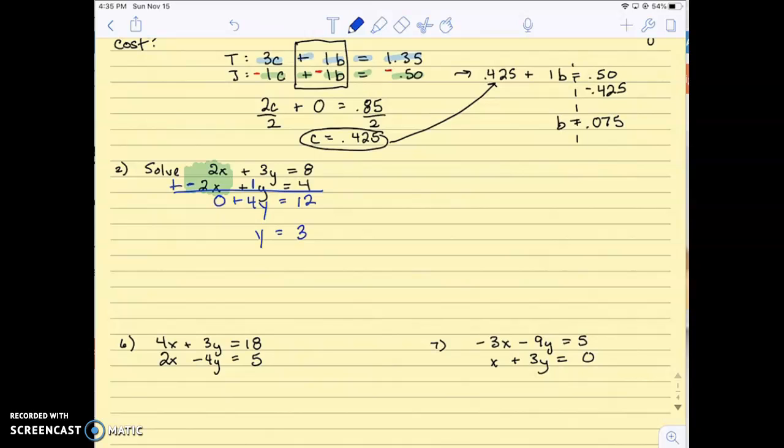Now we're going to do the same thing we did last time. We're going to take an equation. You remember this. I kept asking which equation do you want to substitute in, and we all decided that using the first equation was usually easiest, because it's the first. 2x plus 3 times 3 equals 8.